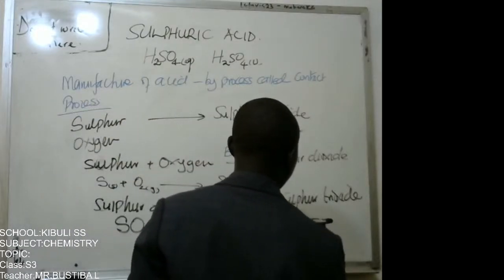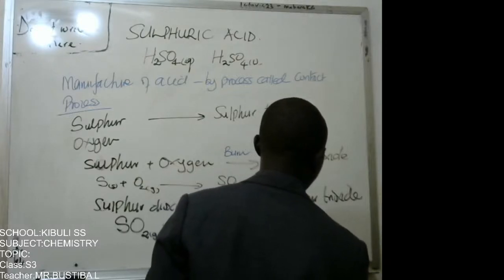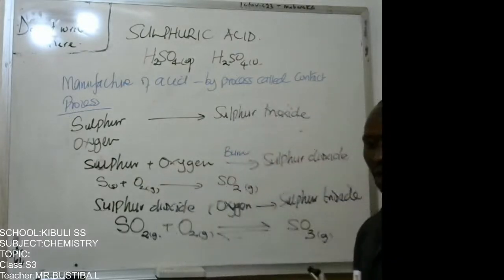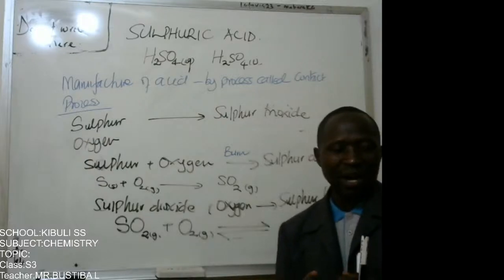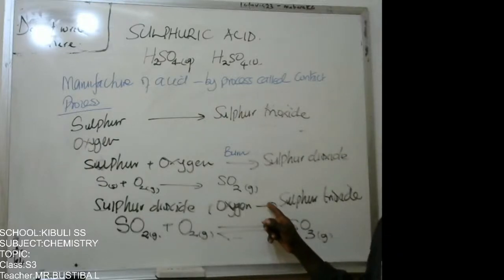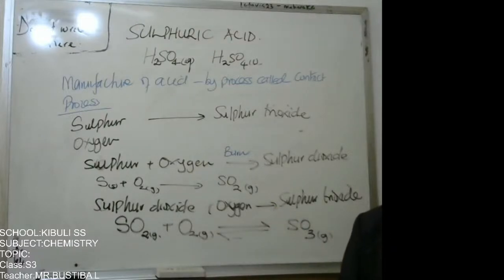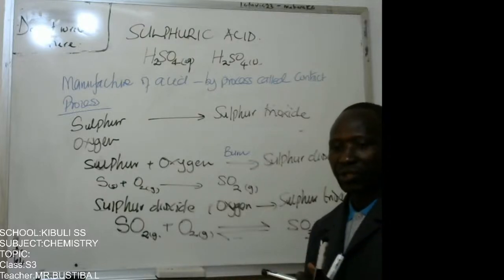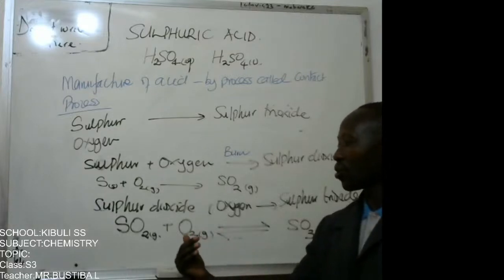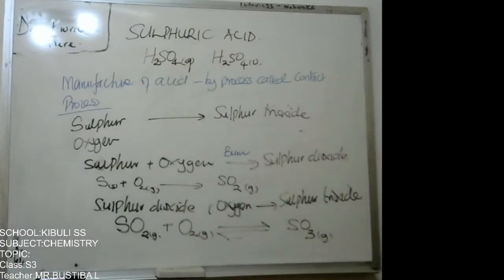We shall form sulfur trioxide, which is a gas. I have changed my approach. Instead of using a single-headed arrow, I have now used a double-headed arrow, showing that the reaction proceeds in both directions, and in chemistry, we call this reaction a reversible reaction.